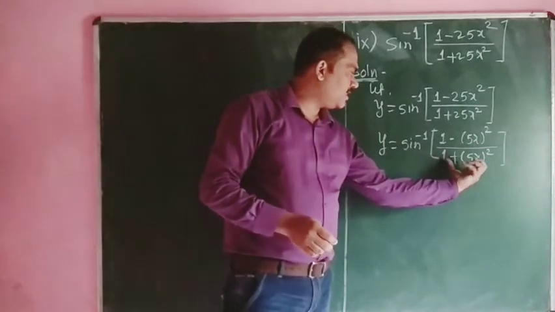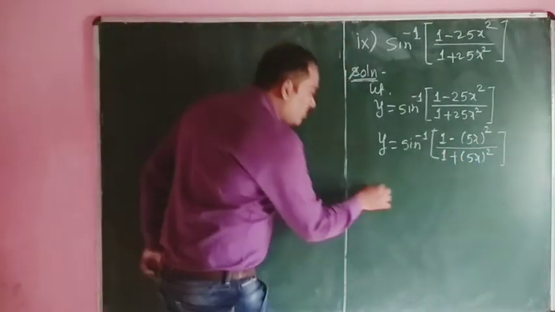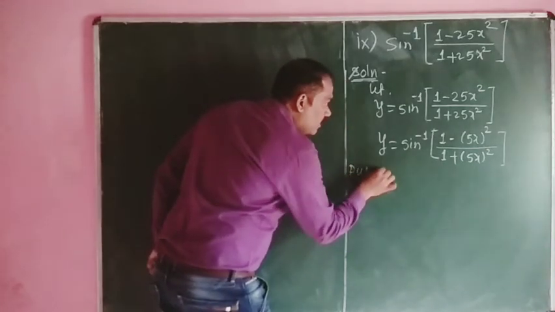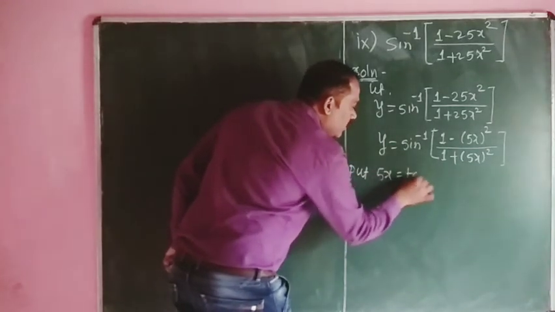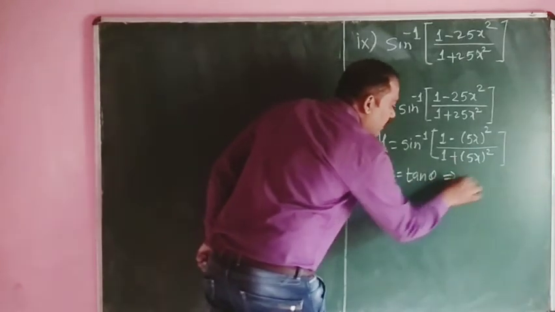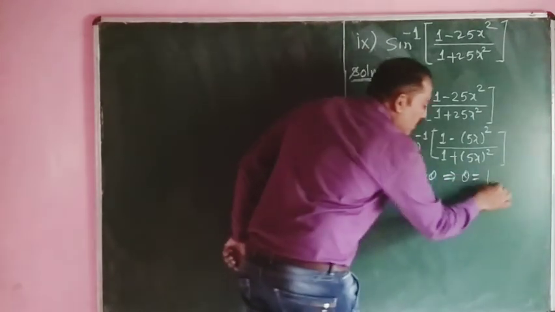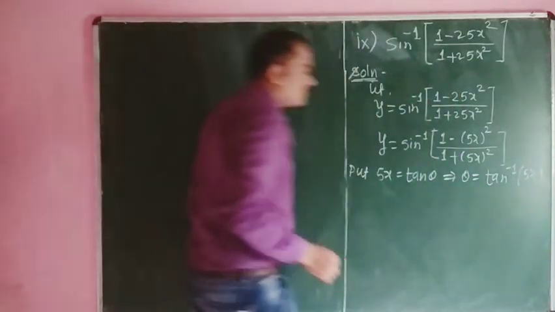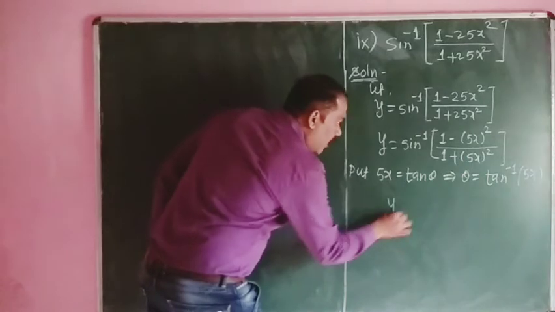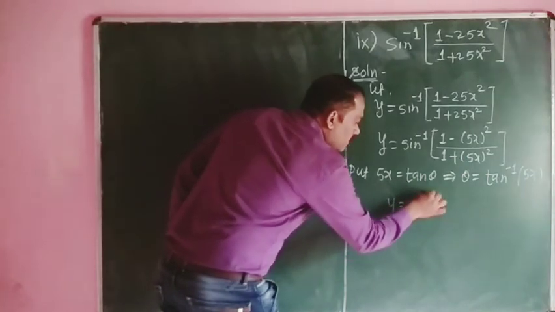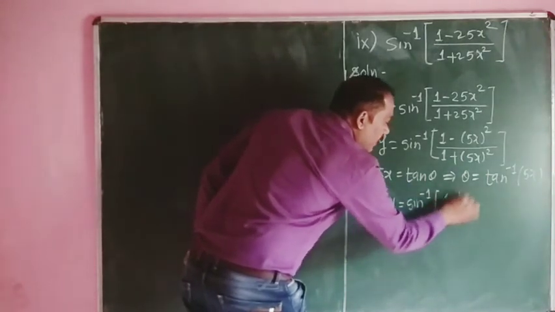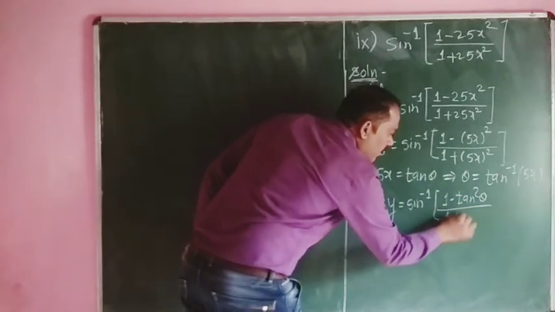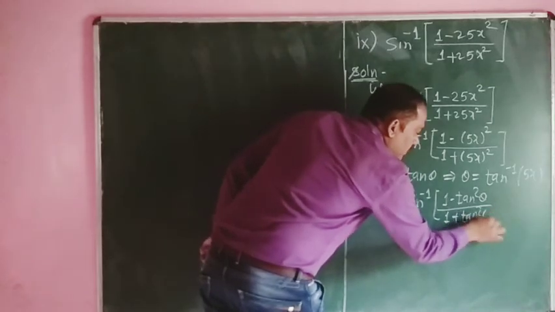This identity is satisfied for this, so we have to put 5x is equal to tan of theta. This implies that theta is equal to tan inverse of 5x, so we get y is equal to sin inverse of 1 minus tan square theta divided by 1 plus tan square theta.